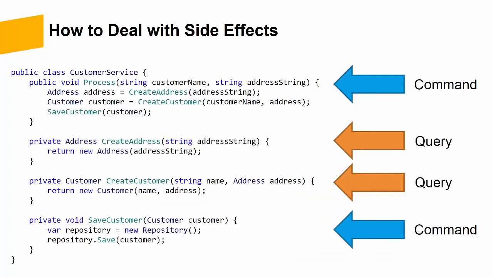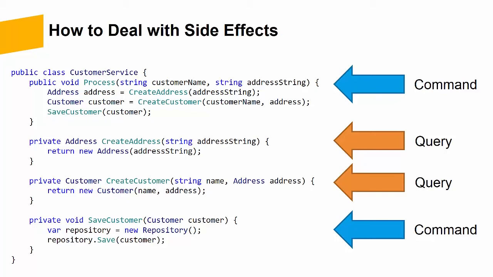The second, and here's an example. It's a simple customer service class. What it does is not actually important for us, but this provides us some examples of commands and queries. You can see here the first and the fourth methods are commands. They don't return anything and they do mutate state.